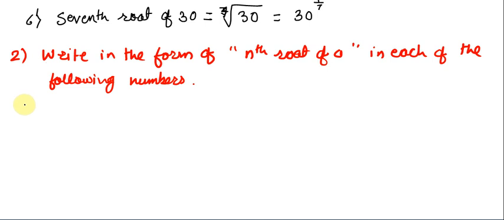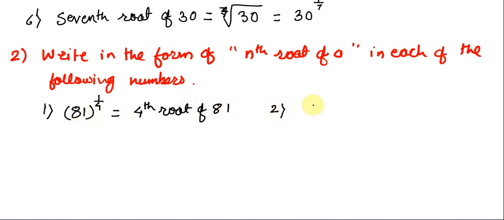Now we have to write the given numbers in word form, expression form. So first one is given 81 raised to the power 1 upon 4. It is written as, now see the number 4 and write it as fourth root of, and then write this base 81.